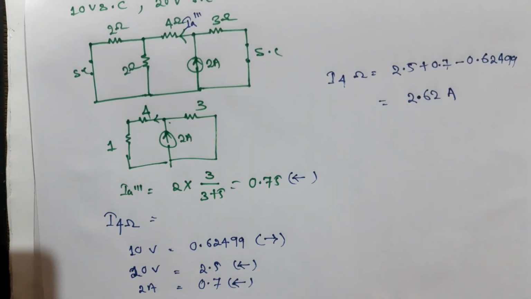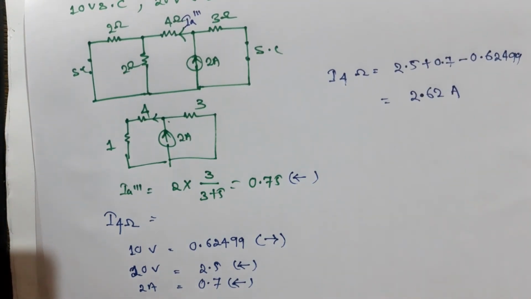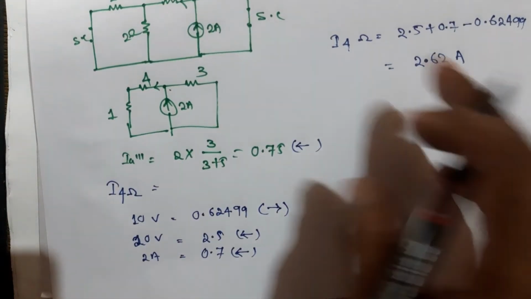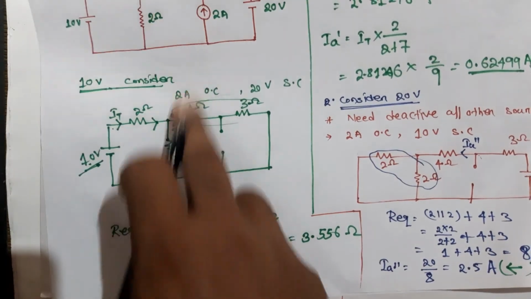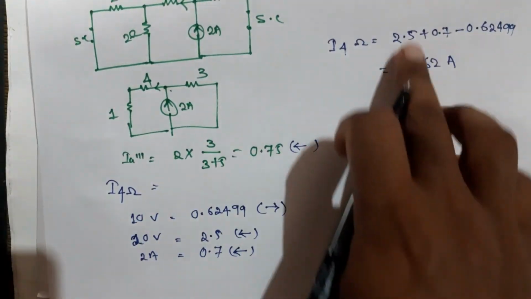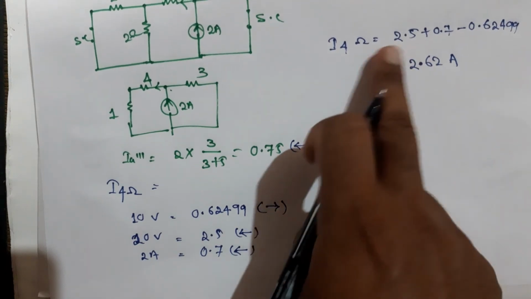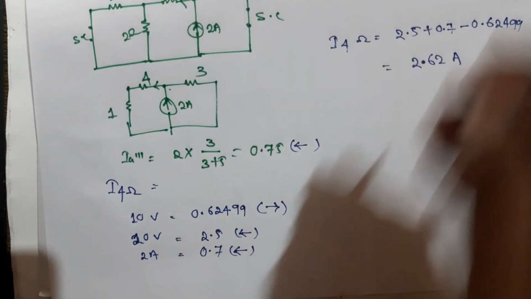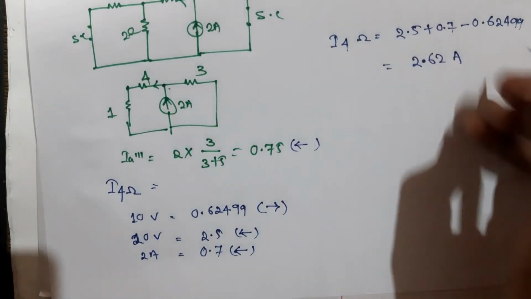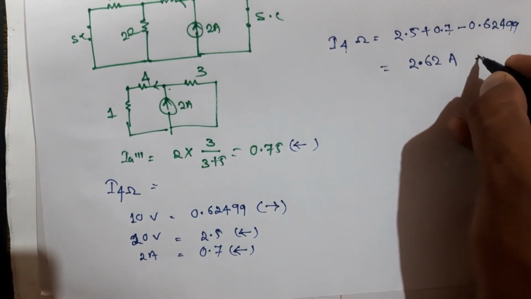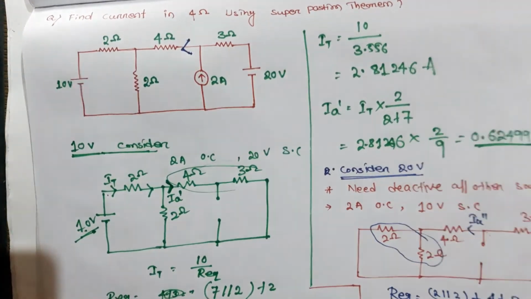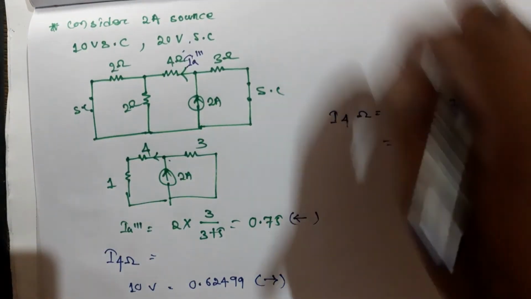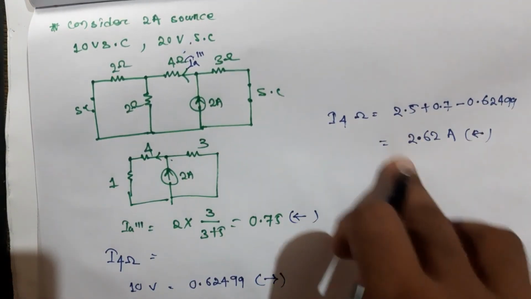You can write this, but what is the actual direction of the current flow? Both are positive, so the direction is according to this. So the final current direction is right to left, meaning in this circuit the final current direction is in this direction. This is your final answer.